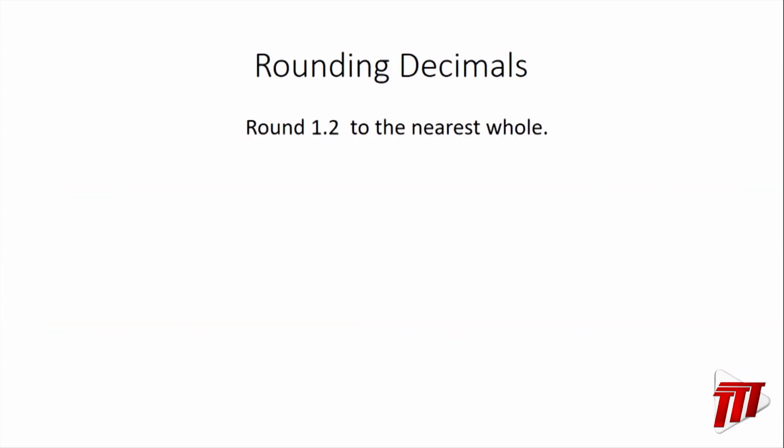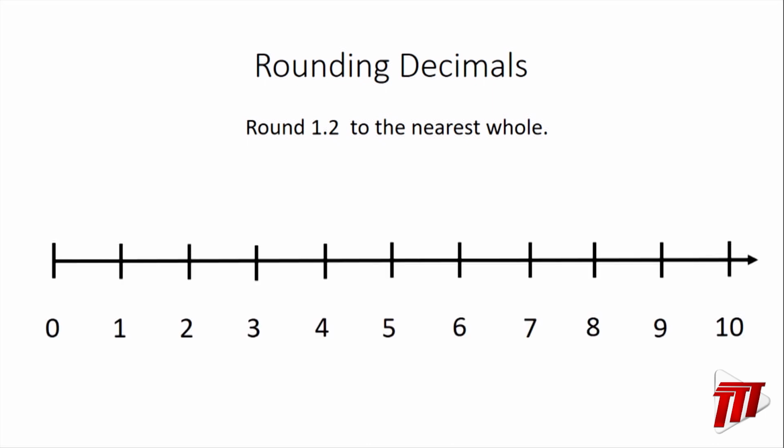So, let us see how we can use this knowledge to help us round decimals to the nearest whole. Round 1 2/10 to the nearest whole. So this is our number line from 0 to 10. Where on this number line is 1 2/10 going to be located?